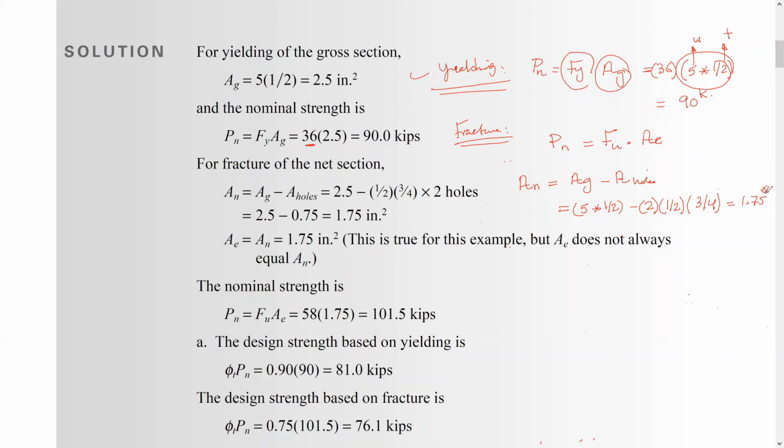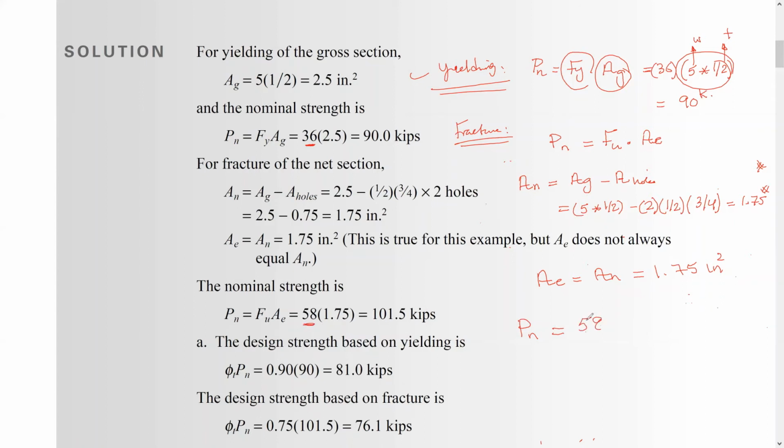Sometimes we will write this as inch square. As mentioned or assumed in the problem statement, the effective net area is equal to the net area, which is 1.75 inch square. And right now the nominal strength is equal to Fu for the steel A36, which is 58, and that should be given to you in the question.